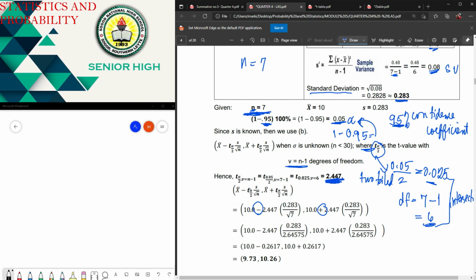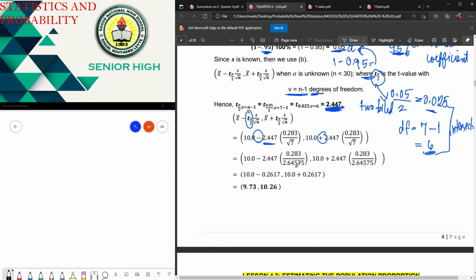Then minus t sub alpha over 2, which is 2.447. Then your s, or the standard deviation, is 0.283. And then over the square root of 7, because it is n. That's why we are using 7. It's not 6, because 6 is the degrees of freedom. It should be 7 because that is n. The same thing as here. Then comma, then 10 plus 2.447 multiplied by 0.283 over the square root of 7.